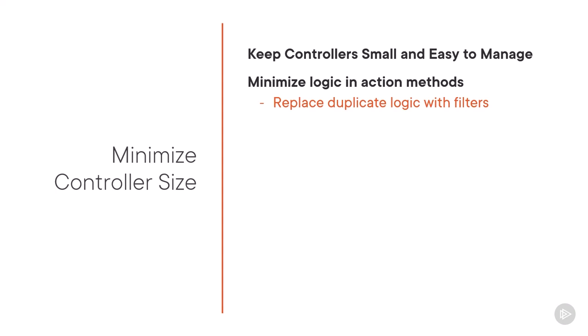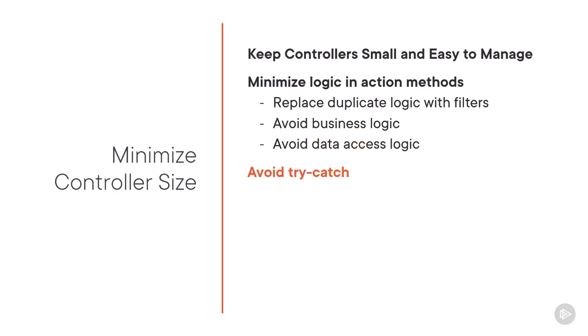Action methods shouldn't have business logic or data access logic in them. If you follow these rules, you'll find that there's not much else to do conditionally within an action method. Your action methods should also avoid using try-catch statements, especially for flow control. Try-catch statements are just another kind of conditional operation, and using exceptions combined with try-catch to perform logic such as whether to return a not found or a bad request response is an anti-pattern.